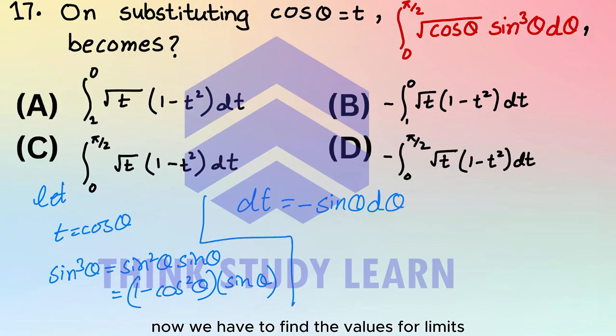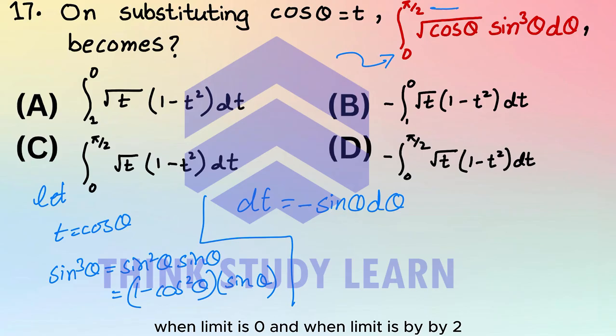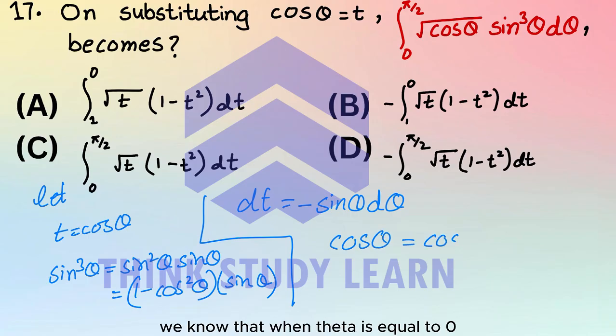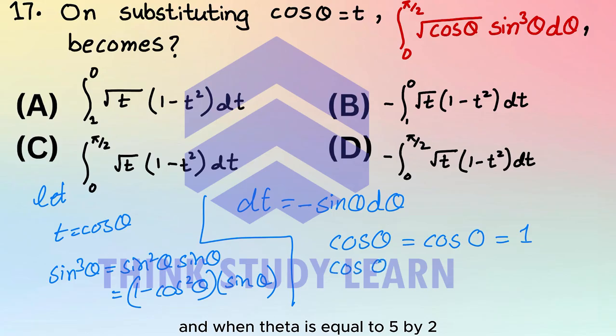Now we have to find the values for limits when the limit is 0 and when the limit is pi by 2. So finding values, when theta is equal to 0, cos 0 is equal to 1, and when theta is equal to pi by 2, the value is equal to 0.